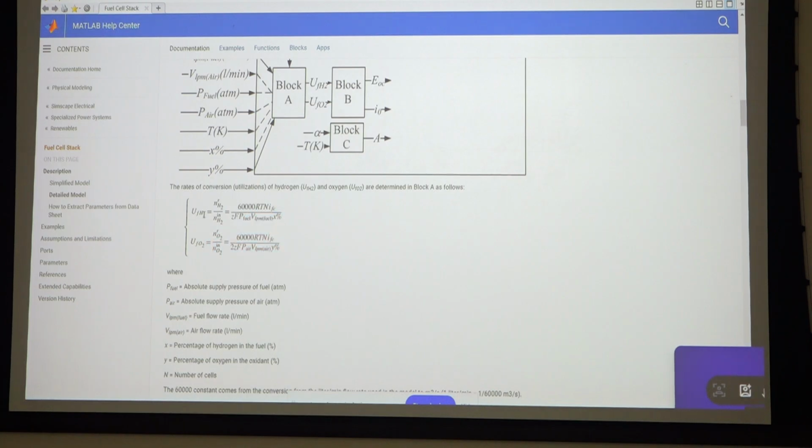One is for hydrogen, another one is for oxygen. The wise practice for fuel cell operation is to keep hydrogen utilization factor between 80% to 90%, more specifically 85%. In such way, you can define this value using these equations.